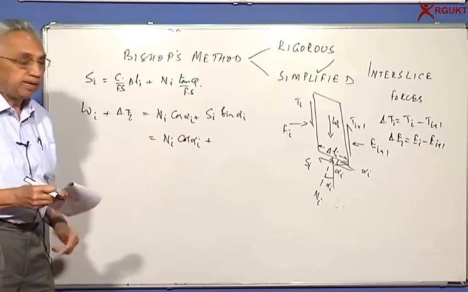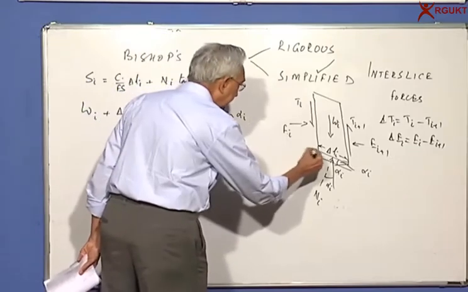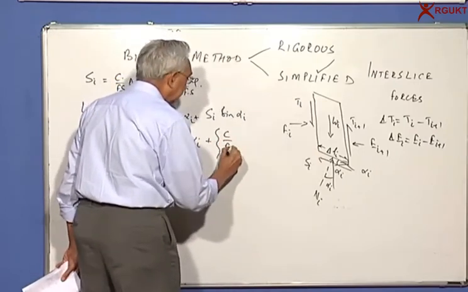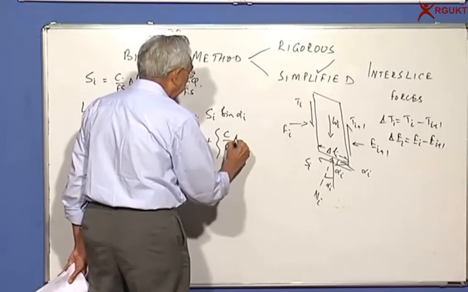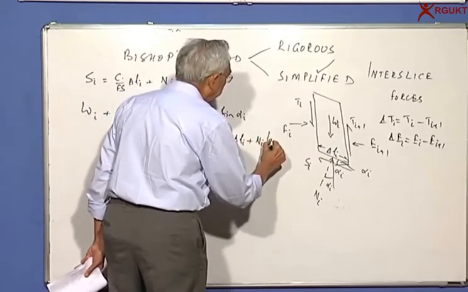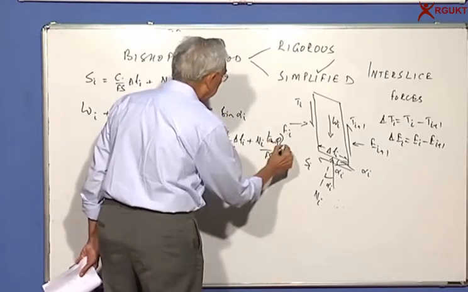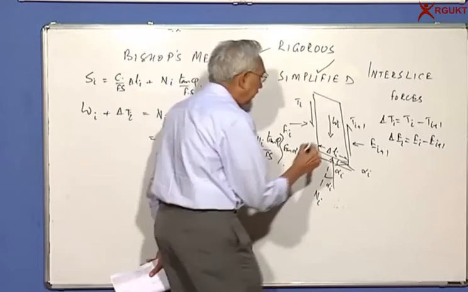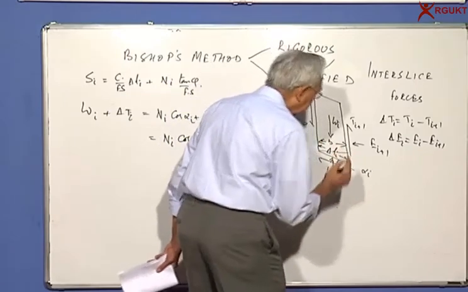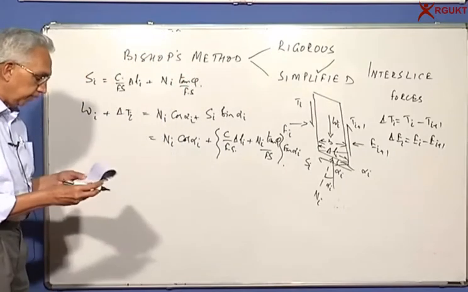Delta L is the length of the arc or the segment that you say A to B. So this should be equal to C by factor of safety delta Li plus Ni tan phi by factor of safety into sin alpha. If the width of the slice is b here, can I say delta Li is nothing but b secant alpha i? So we can put that in here.